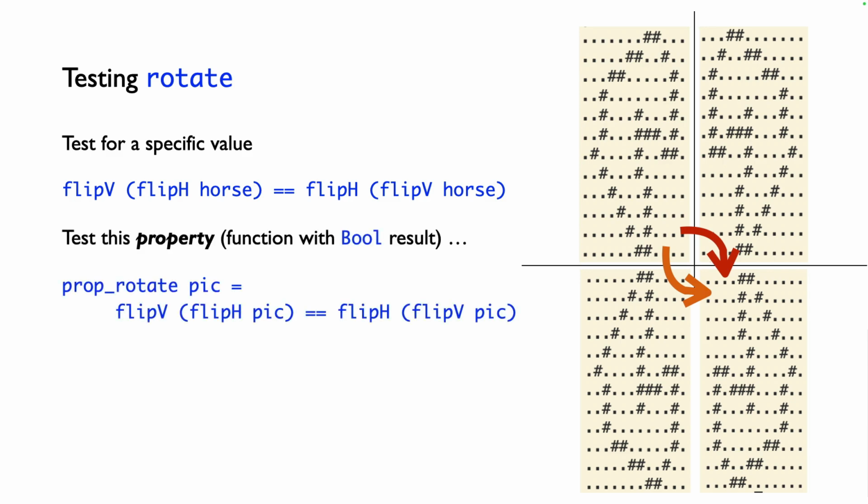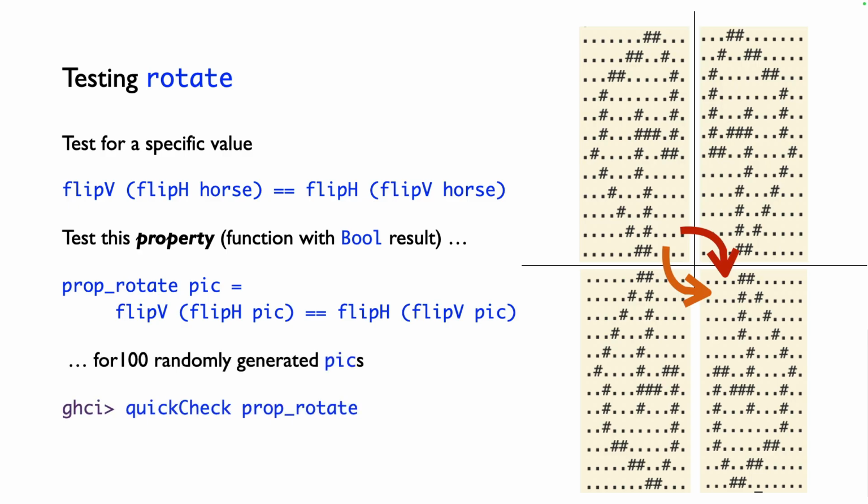But we could instead write a property of an arbitrary picture, pic, that the two different implementations behave in the same way. So we could write a test like that, and then we could test it for 100 randomly generated pictures. Hundred is the default, we could do 1,000, or we could do fewer, by typing QuickCheck of that property prop rotate.